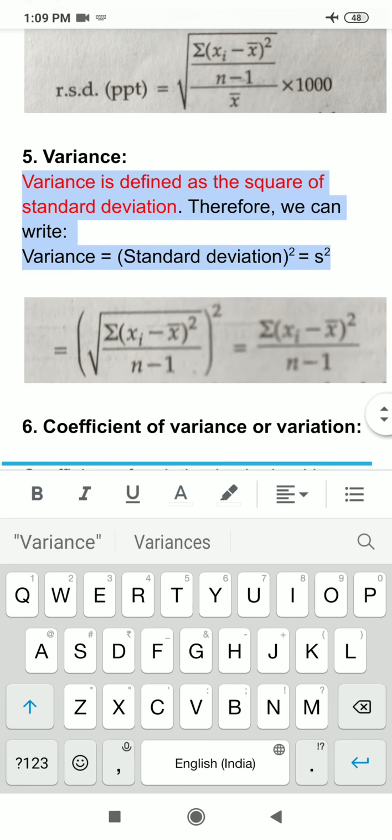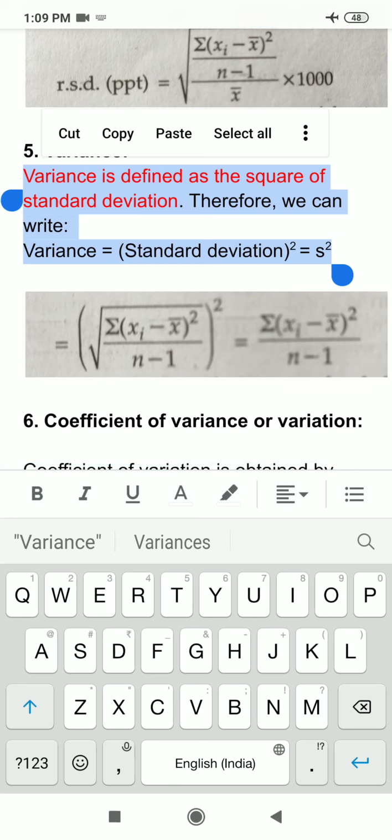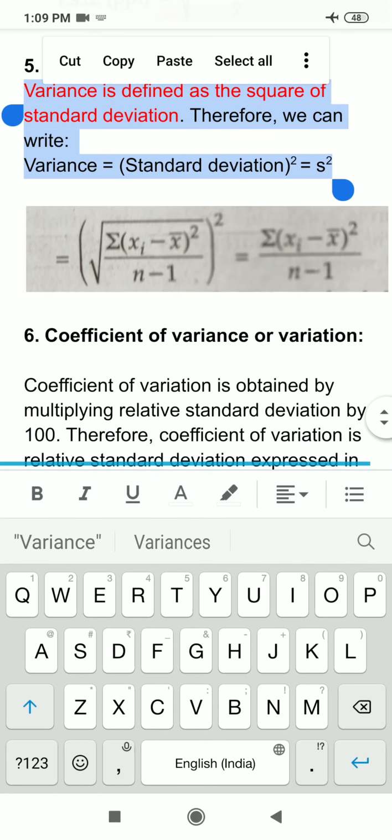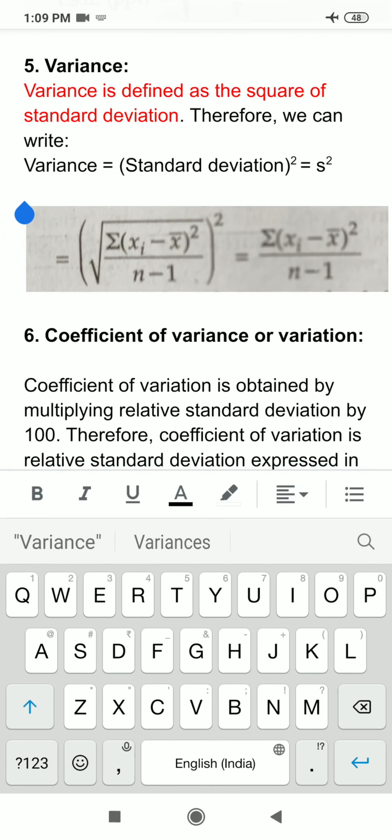Now writing it in terms of xi and x bar, you can see on the screen, variance is equal to under root of summation of xi minus x bar raised to power 2 divided by n minus 1. This was standard deviation. Now if I take its square, then it becomes variance.